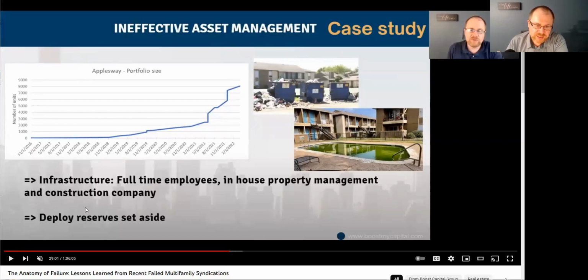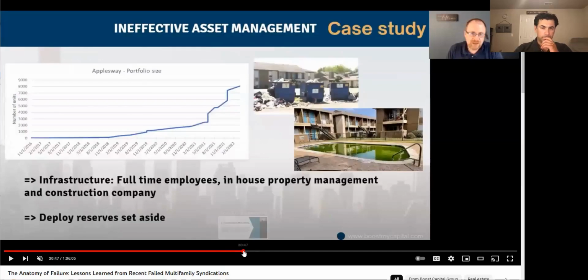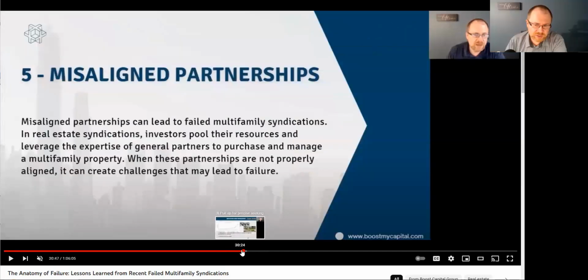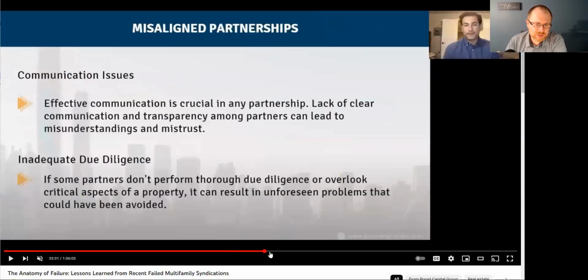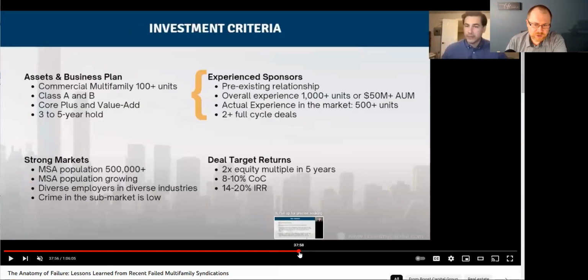And the other thing is the reserves. Those are the two key points here. Takeaways in that particular misaligned partnerships. What did we say? What's the takeaway?